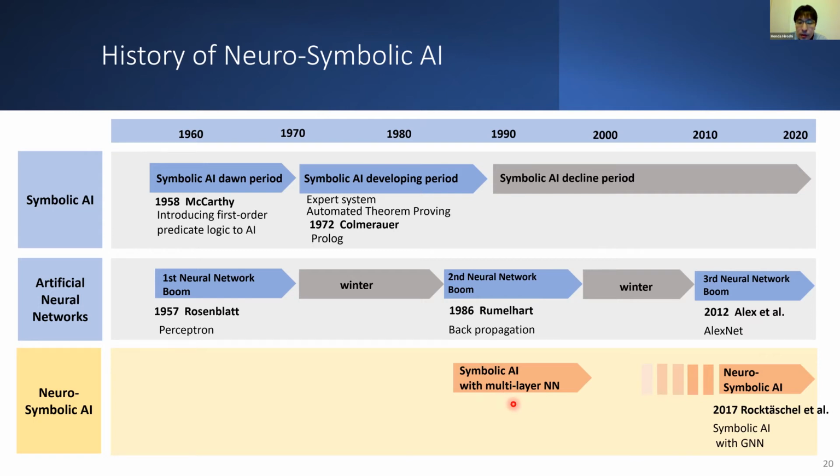However, these studies were limited to method proposals, owing to limitations of the hardware ability and learning ability of the artificial neural networks at the time. In the 3rd boom, the hardware ability and the learning ability of artificial neural networks increased, and Neuro-Symbolic AI has been studied again.